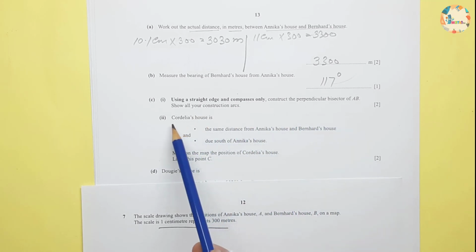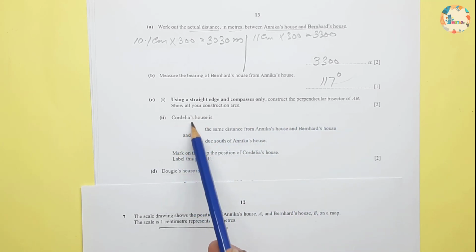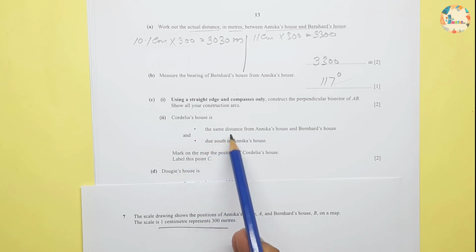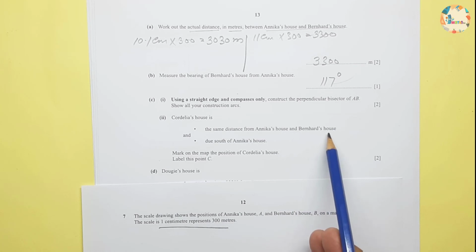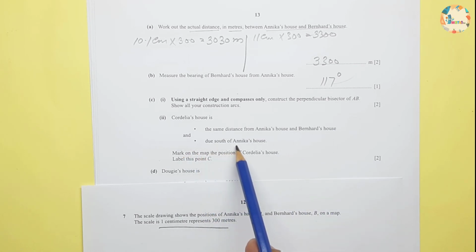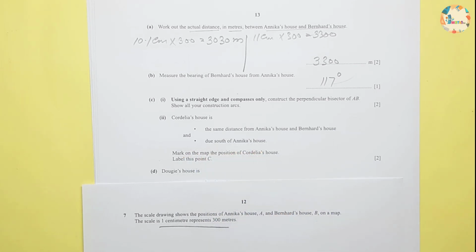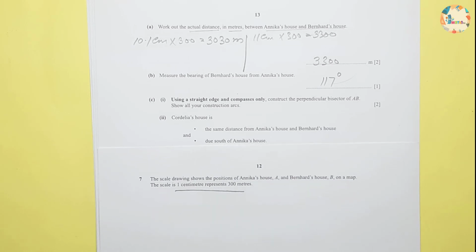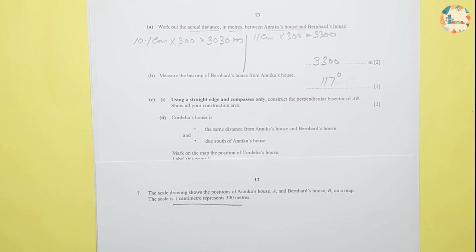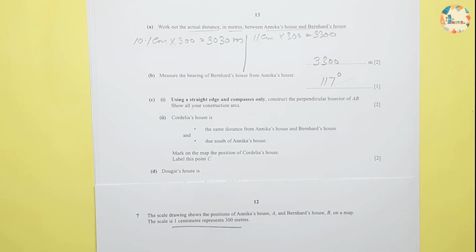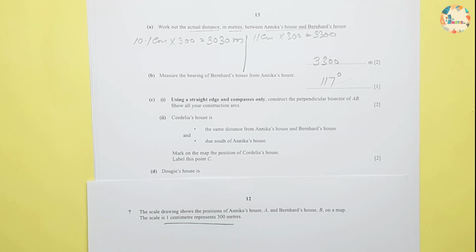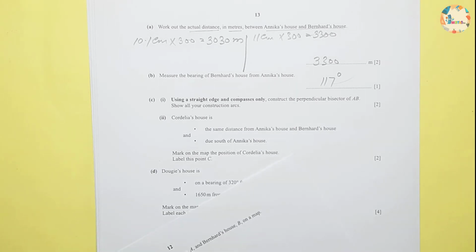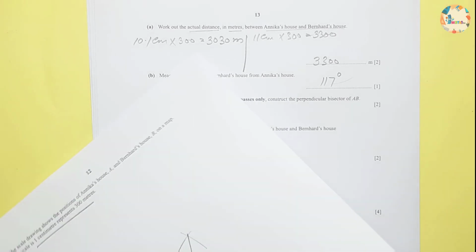Then Cordelia's house is the same distance from Annika's house and this house, and due south of Annika's house. Due south, south will be this side, right? So we will be constructing that one. First of all, the same distance.